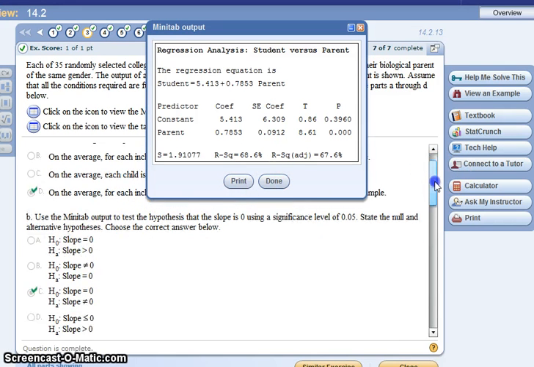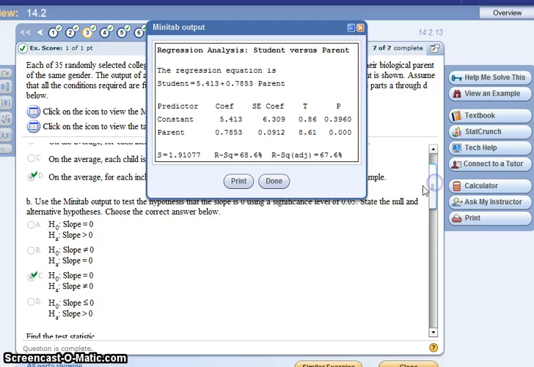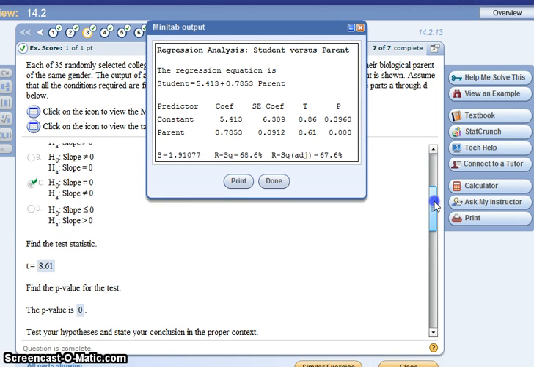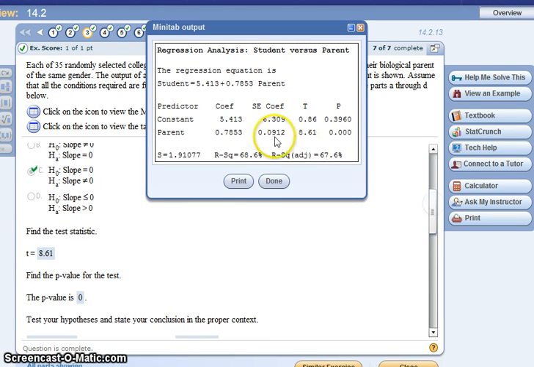So for B, usually we're doing the test concerning the slope. They want to prove if the slope is not equal to 0. That's why we choose this answer. And for the test statistic, we just copy the t statistic here and then put it down here.